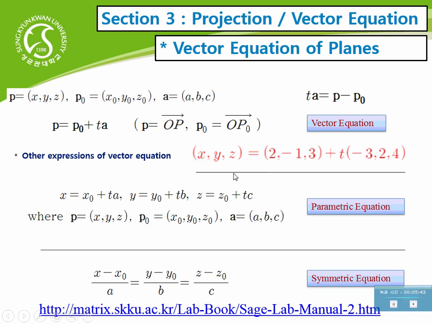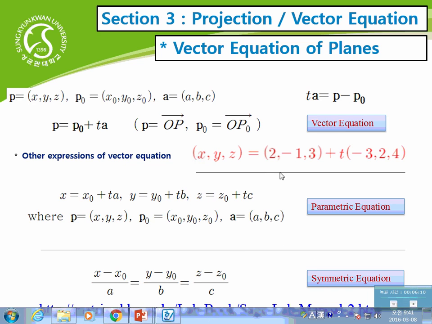They are the same; they tell the same fact, but the representations are different. In this case, we use a parameter t to represent the equation. This set of equations uses a parameter t to represent the line, so we call this a parametric equation.